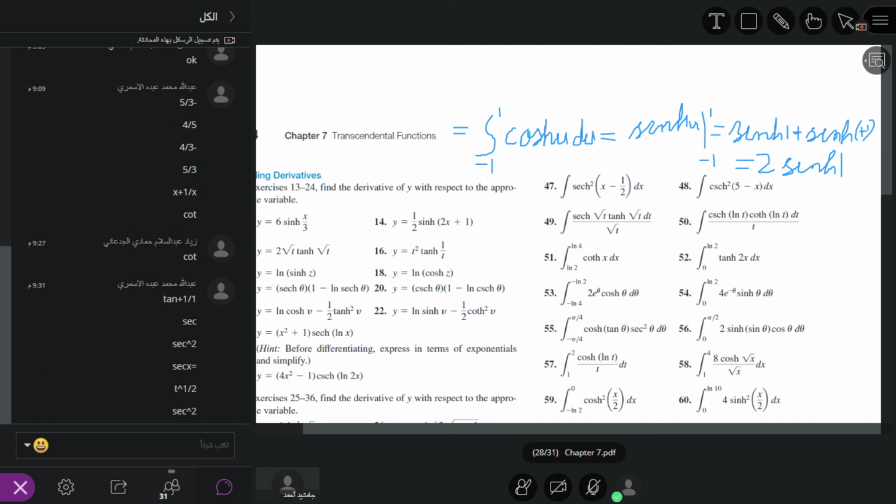Whenever we have this limit, we solve it by the substitution method.